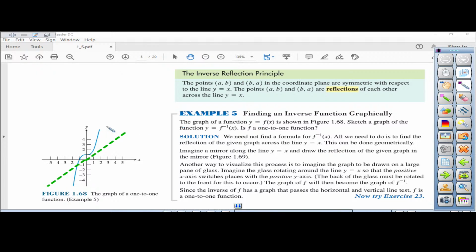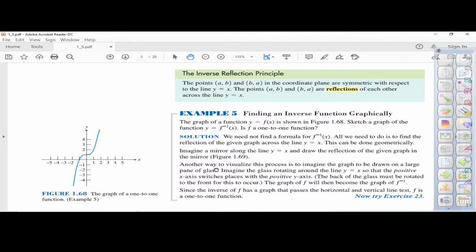So if you have a function graph like the blue one here, and the y equals x line, the 45-degree angle line, and you see the graph reflected over y equals x as an exact replica, then you could confirm that you're looking at a function that has an inverse function.